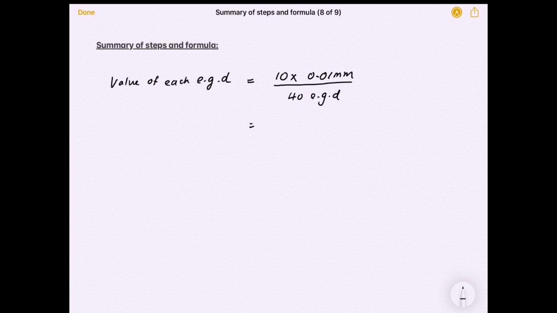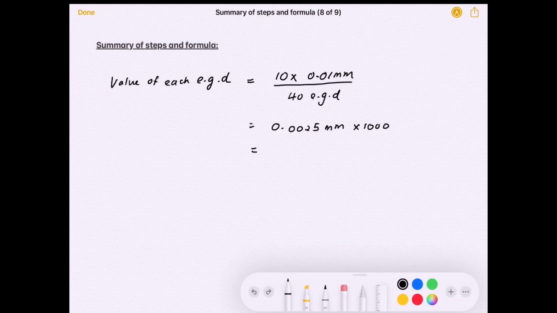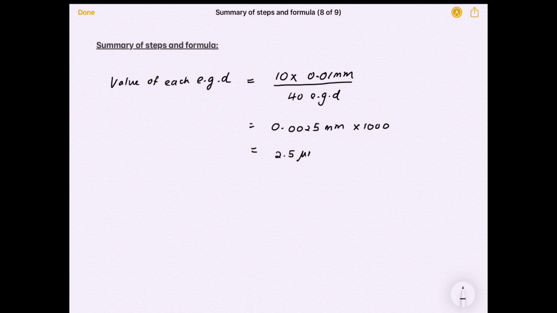If you carry out the calculation, you realize that the answer is 0.0025 mm. But like I said, since it's under the light microscope and we're going to view microscopic specimens, the unit has to be converted to micrometer, where you have to times 1000. Therefore, you get 2.5 micrometer. So each eyepiece graticule division is worth 2.5 micrometer.